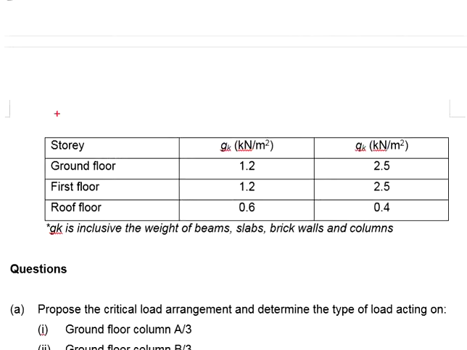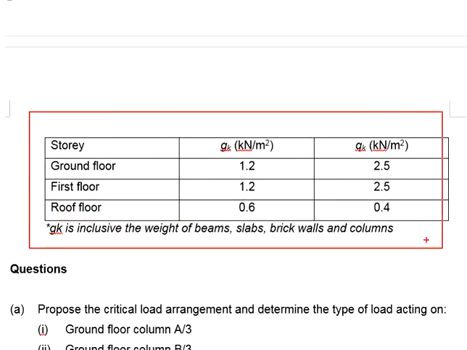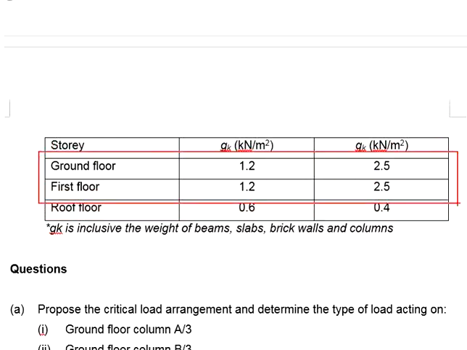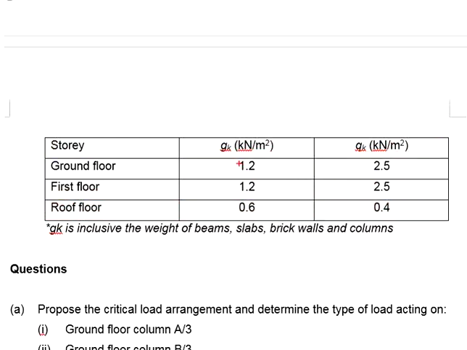Next, we look at the loading acting onto the structure. The loading for the ground floor and the first floor will be the same, 1.2 GK and 2.5 QK. The units are both in kilonewton per meter square.